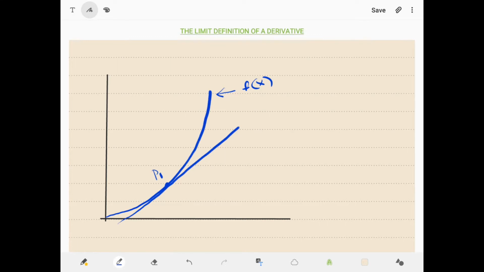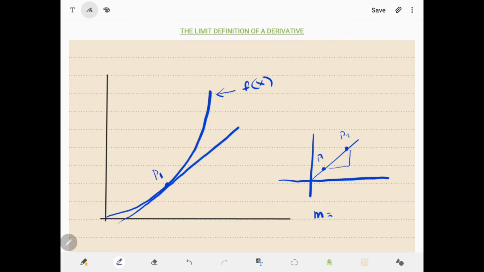From our previous knowledge in analytic geometry, we need to have 2 points for us to get the slope. This is point 1 and point 2, and the formula is m is equal to the distance between p1 and p2.